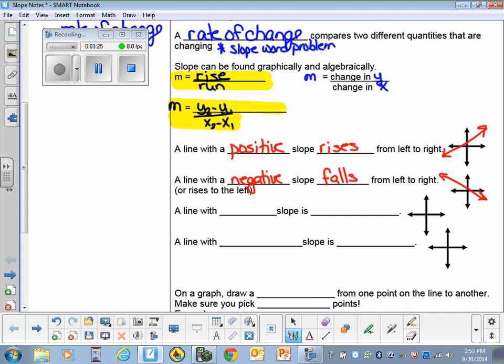a line with no slope or zero slope, I'm actually going to write in zero, is a horizontal line. And a line with undefined slope is a vertical line.